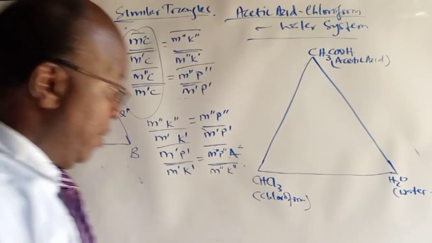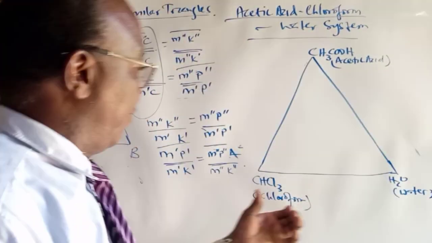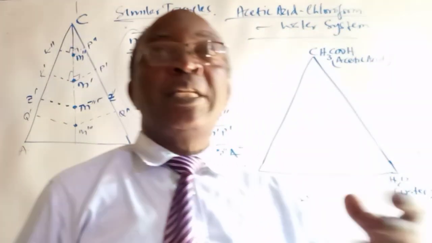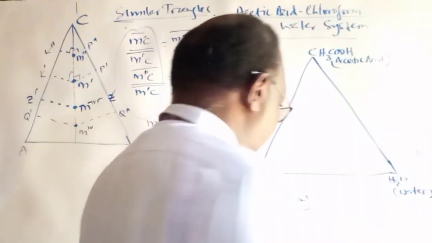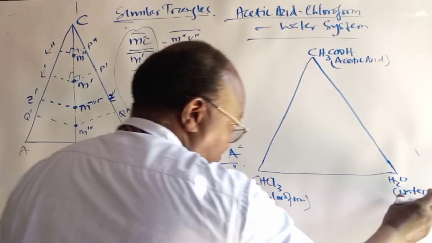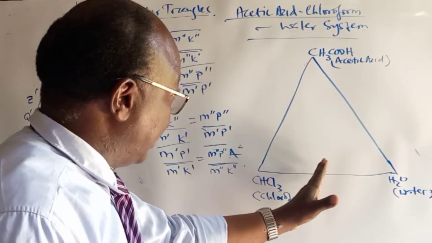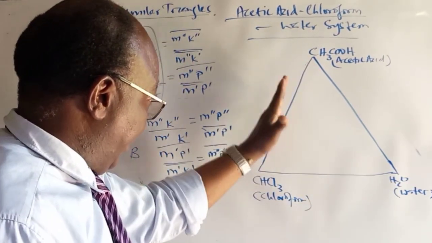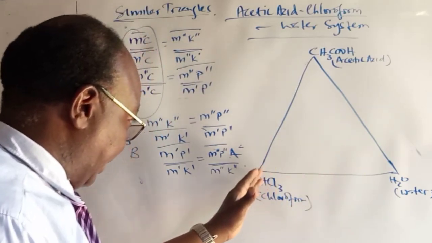Now, pay attention. The first thing you have to know is that chloroform and water are not miscible. We have talked about immiscible systems and partially miscible systems. Remember we said this is 0 and that's 100% acetic acid, this is 0 and that's 100% water, that is 0 and that's 100% chloroform.